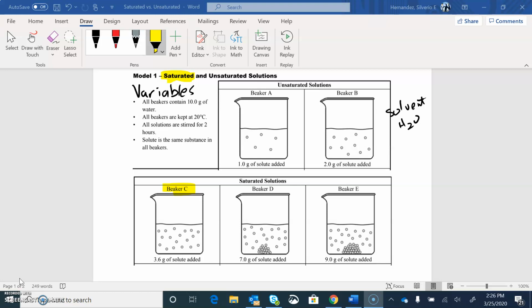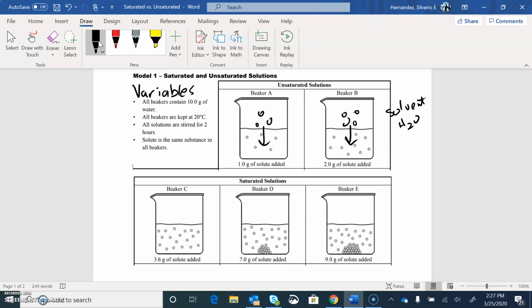So let's look at a couple of things that could occur here. One, if I added a little bit more particles here to A or to B, then the water, the 10 grams of the water, that solvent, would technically still dissolve these extra particles that I'm putting in, because they haven't reached the saturation point.